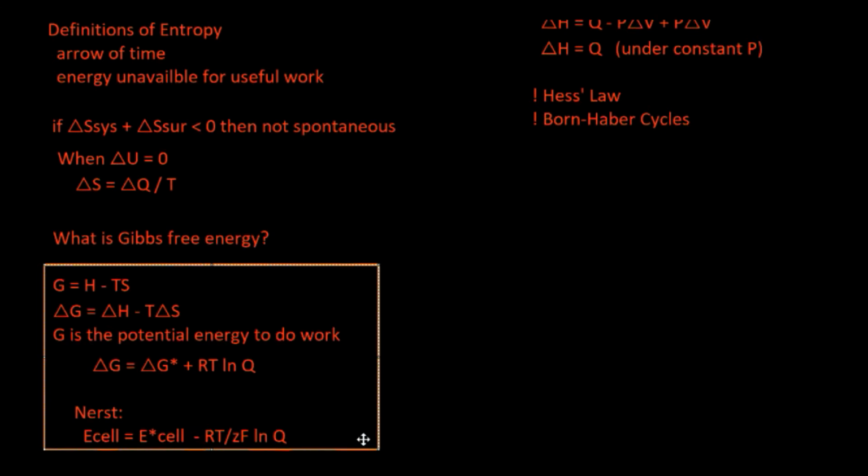Can you draw the link between the standard Gibbs Free Energy equation and the Gibbs Free Energy of a reaction that is not in equilibrium, as well as the Nernst equation? Can you see a link? What are your thoughts on it?